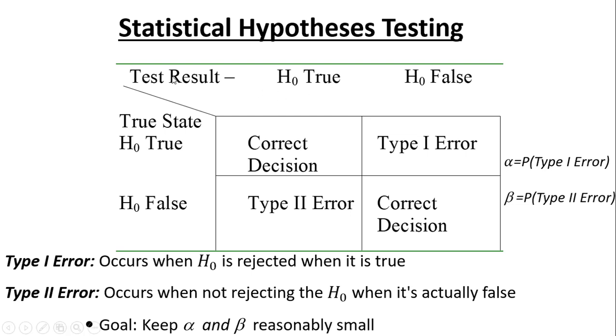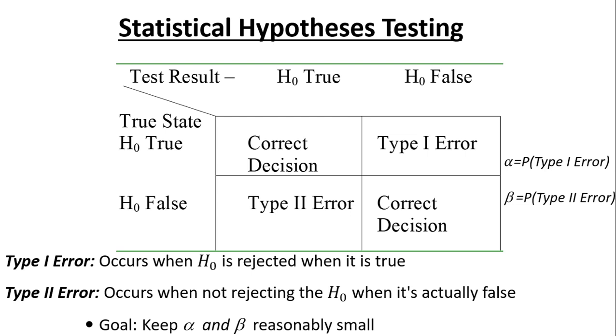Here is your test result, the vertical decisions, and here we have the true state, the reality. So what you decide against the reality. You understand? That forms four segments. Let's look at the first scenario.